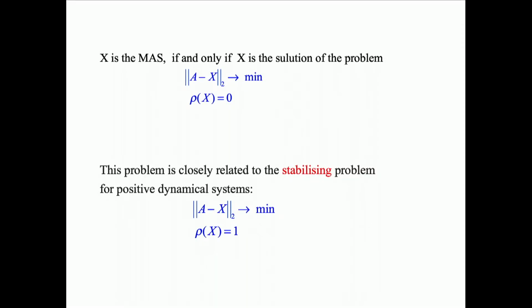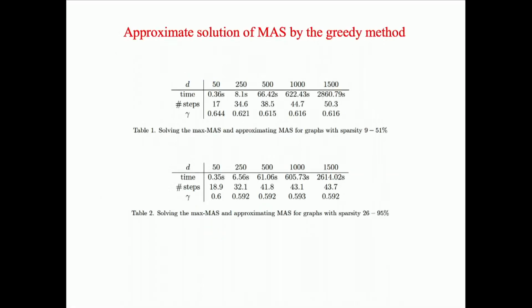And the idea is to apply the greedy algorithm now to this problem, not to the stability problem. An application of the greedy algorithm: first of all, it's very fast. As we mentioned, for dimension 5,000, it works. And second, the numerical results are not that bad. Of course, we don't have any theoretical result, and most likely it's impossible.